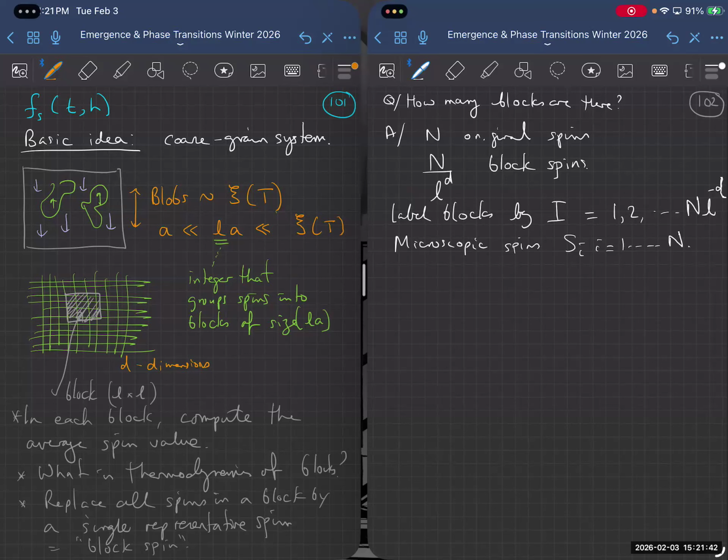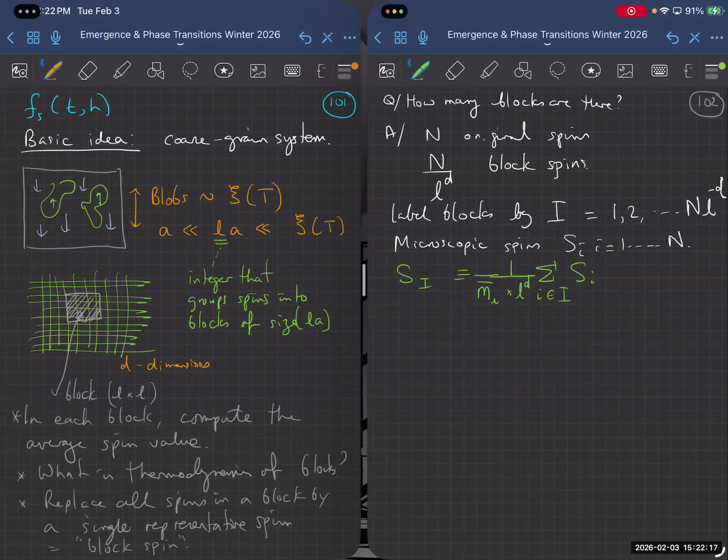And how do I construct the block spin? Well, here's one way to do it. I'm going to define S_I in the following way. I'm going to take all the spins inside the block I, add up their spin values, and then divide by the net magnetization per spin of all the spins in the block times L to the d.